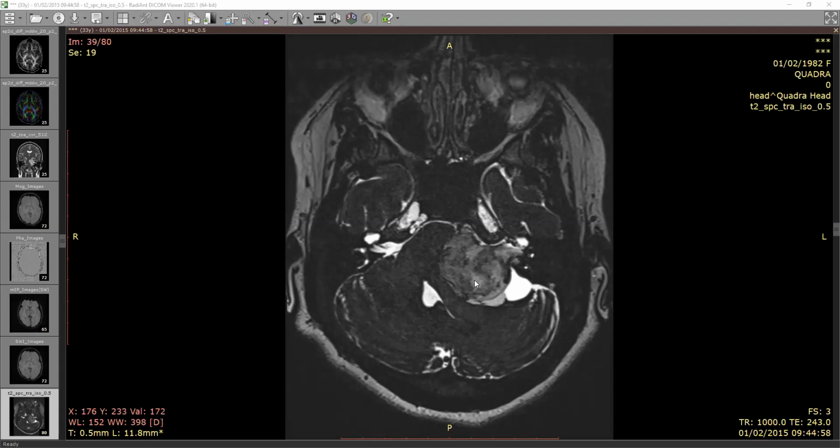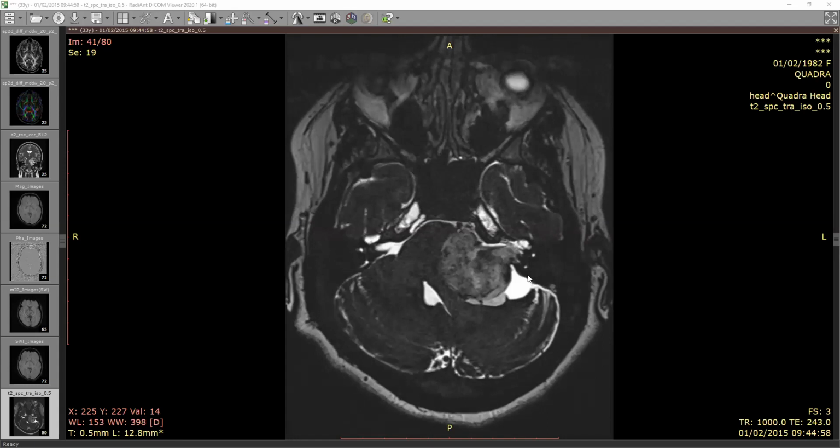Similarly, when you look at a lesion on an MR or a CT scan, try describing the lesion. So it's a globular lesion involving the left cerebellopontine angle, the margin of which appears more or less smooth.